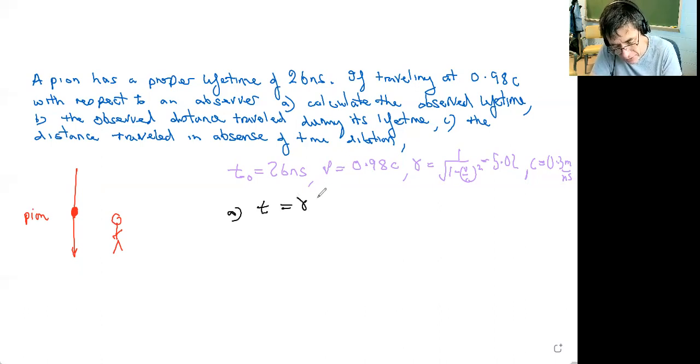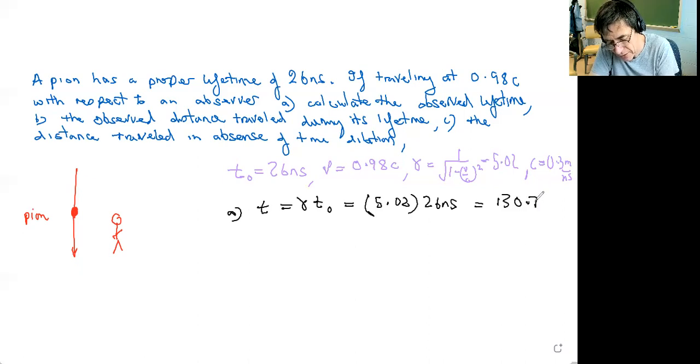And the equation for this time dilation is that the time-dilated time is equal to the proper time times the Lorentz factor gamma. And we know both gamma and the proper time. Gamma is 5.02. The proper lifetime was 26 nanoseconds. If I multiply one by the other, I already worked it out, 130.7 nanoseconds, about 5 times longer than the proper lifetime.